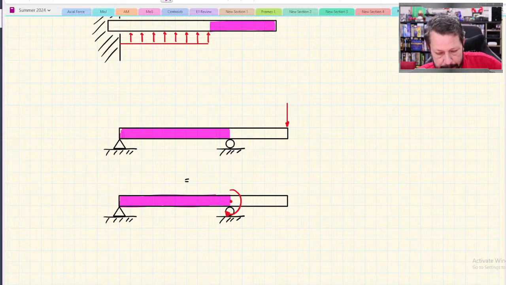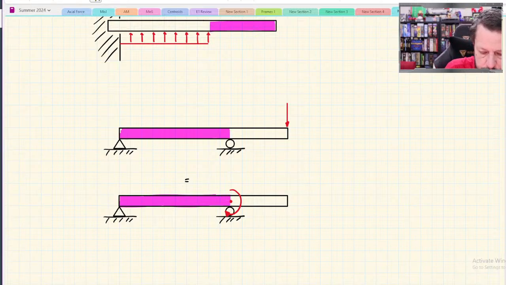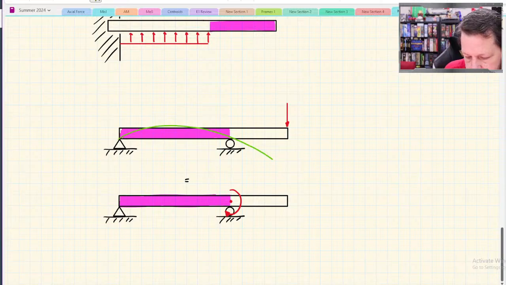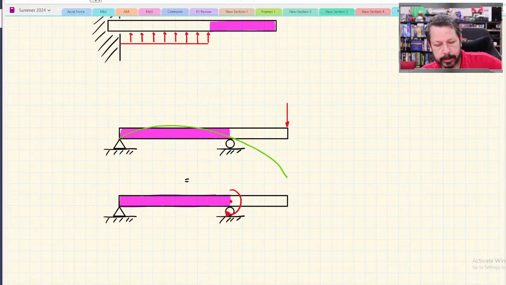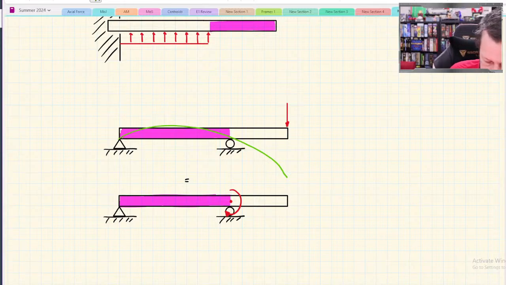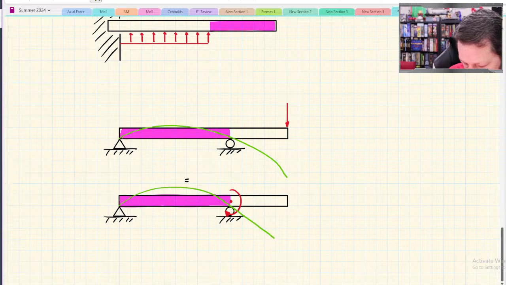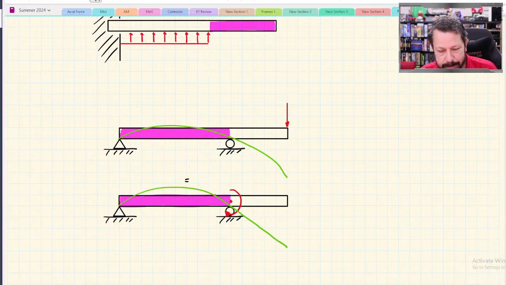So if we look at the top one, if we were drawing its curved shape, it's going to do something like that, right? And if we did the same thing for the bottom picture, it's going to do something like that. Okay, so I should have drawn those exactly the same.